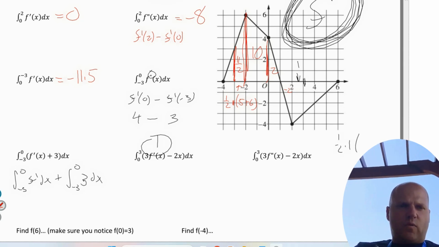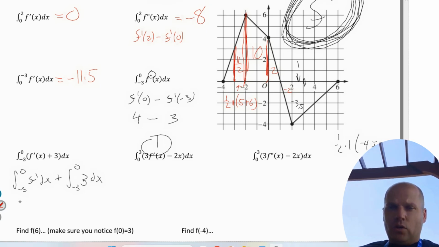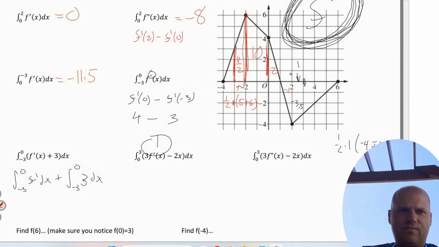So 1/2 base of 1, heights of negative 4 and negative 3. And that's negative 7/2, so that's negative 3.5, which you can kind of just see there. So from negative 3 to 0. So 5.5, 15.5.